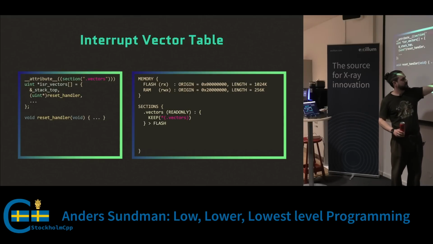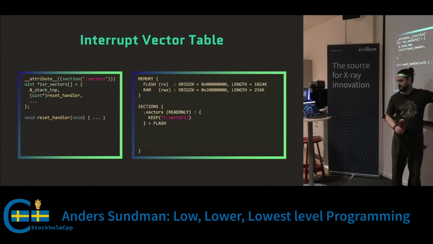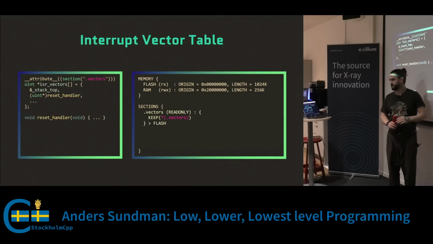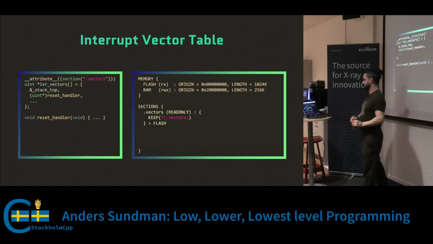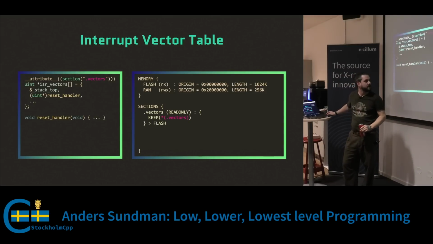So this makes sure that we put the vectors-tagged things in Flash. And then the other stuff comes below here, like the text segment and so on. So if we do this, the C array will end up at address 0, which is pretty cool.